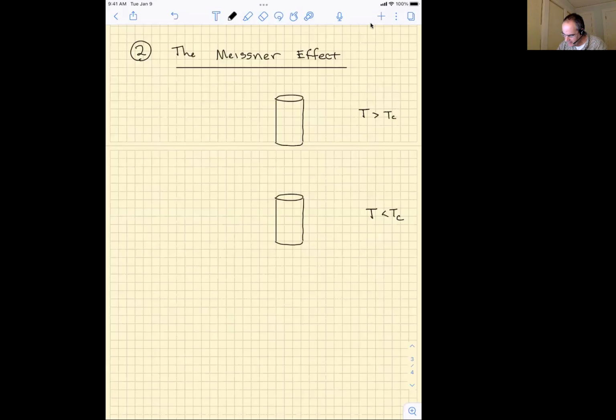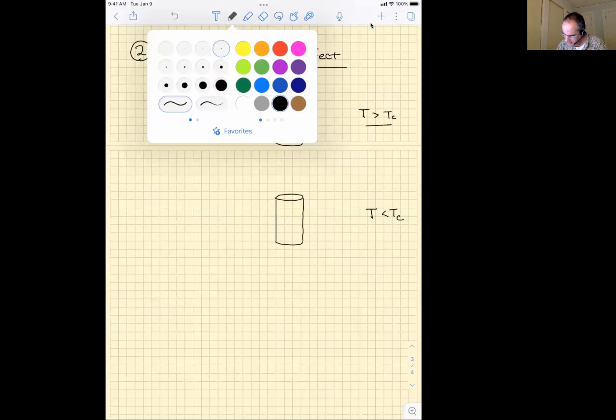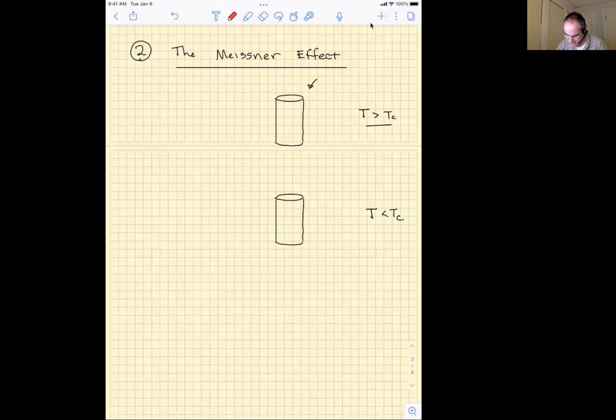Suppose I have a chunk of superconducting material here. But to begin with, let's suppose that it's heated above the transition temperature, so it's in the normal state. It's just a normal metal. And now suppose we place it in a weak magnetic field.